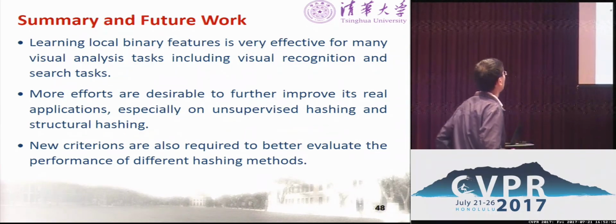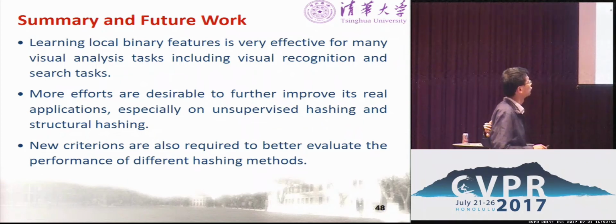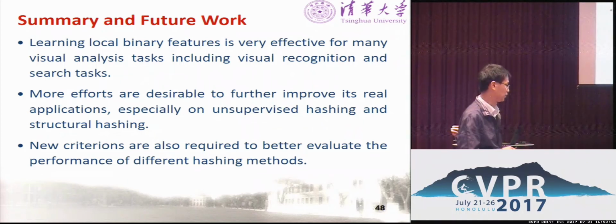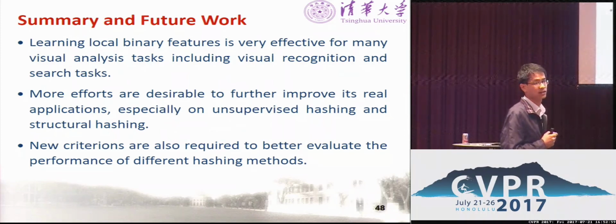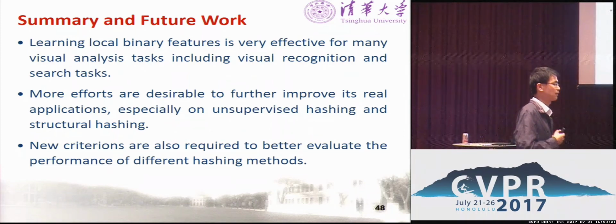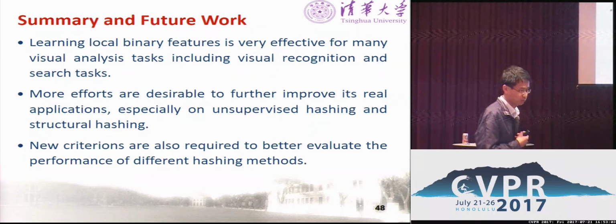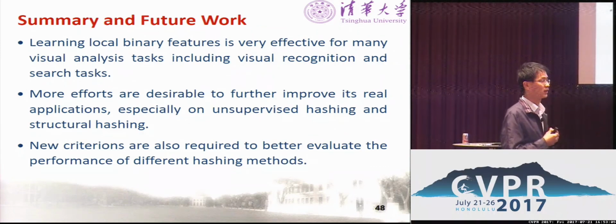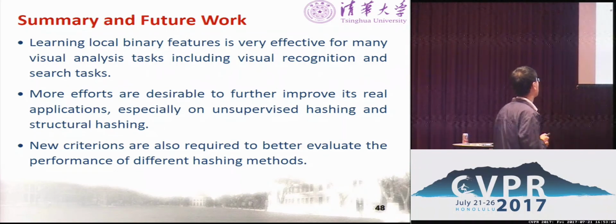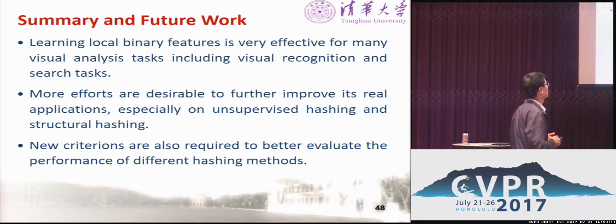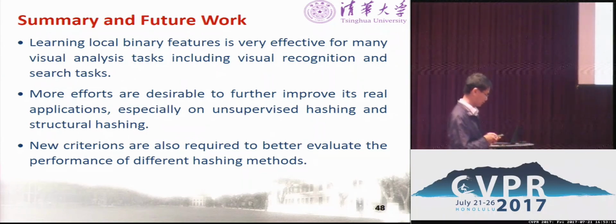More effort is desirable to further improve its application, especially in structured hashing and unsupervised hashing. That is to say, unsupervised binary feature learning and structured supervised binary feature learning deserve more attention.